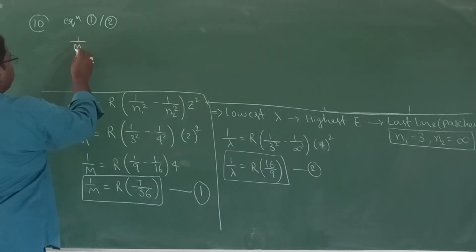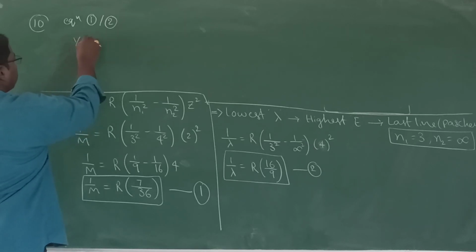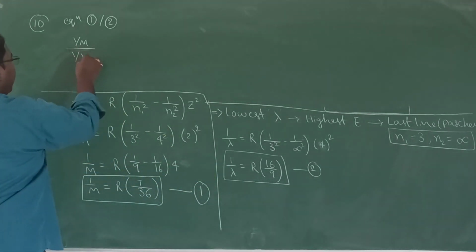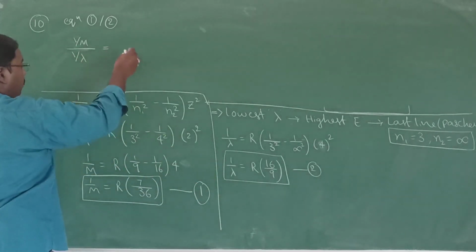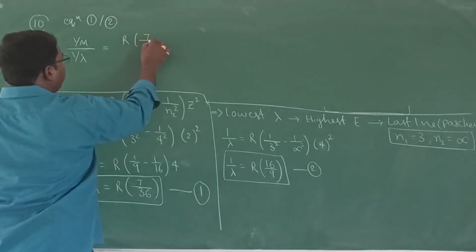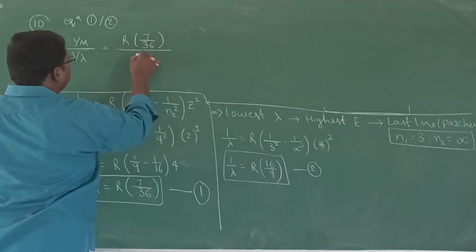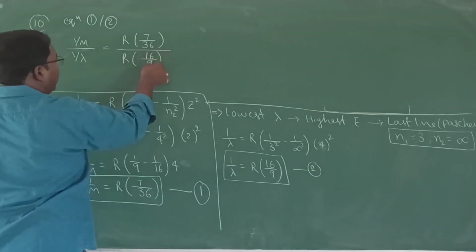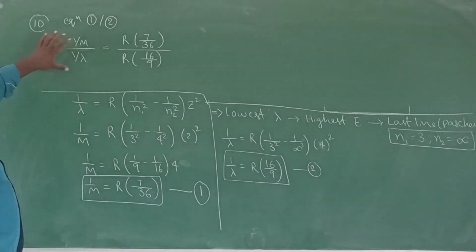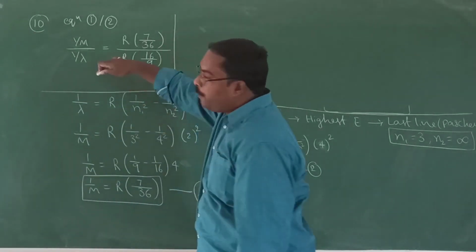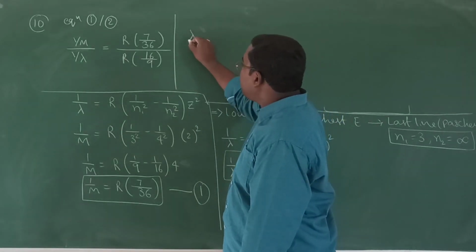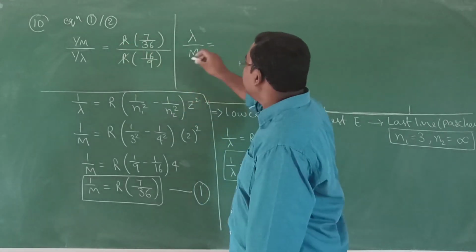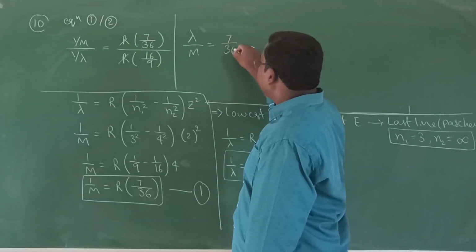Equation 1 is 1 by M, divided by equation 2, where 1 by lambda is equal to R into 7 by 36 in equation 1, and R into 16 by 9 in equation 2. So what happens here? Lambda comes to the numerator, so lambda divided by M is equal to, R gets cancelled, 7 by 36.